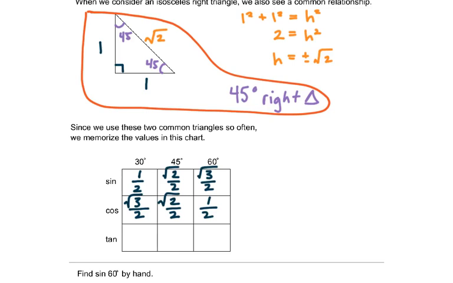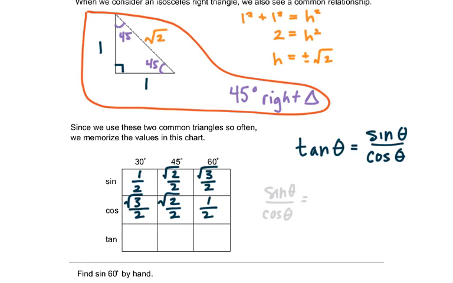So we have a definition that we may not have talked about yet. One thing we know is that tangent theta is the ratio of sine theta over cosine theta. And I can prove that for you real quick. I'm going to start with sine theta over cosine theta.